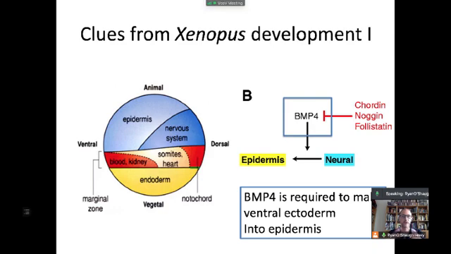And remember our clues from Xenopus development, where BMP4 inhibition by chordin, noggin and follistatin is very important to induce a neural fate in the ectoderm, but our BMP4 is required to make ventral ectoderm into epidermis.